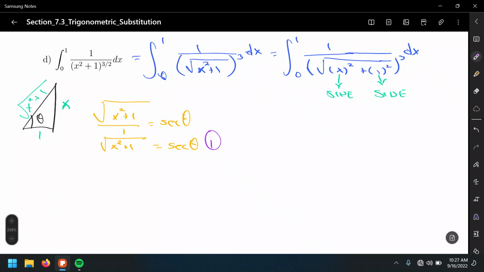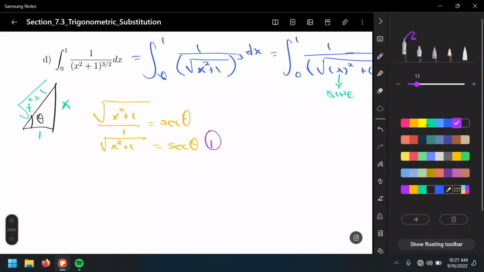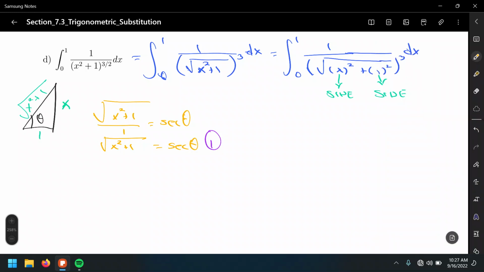Now we need something to replace the dx and send that dx into its corresponding entity in the world of theta, in the world of trigonometric functions. Recall that this dx really comes from differentiating x. That means we're going to use another ratio, this time involving the x. We have a couple of options again: x divided by the radical, which is ugly looking, or x divided by 1.